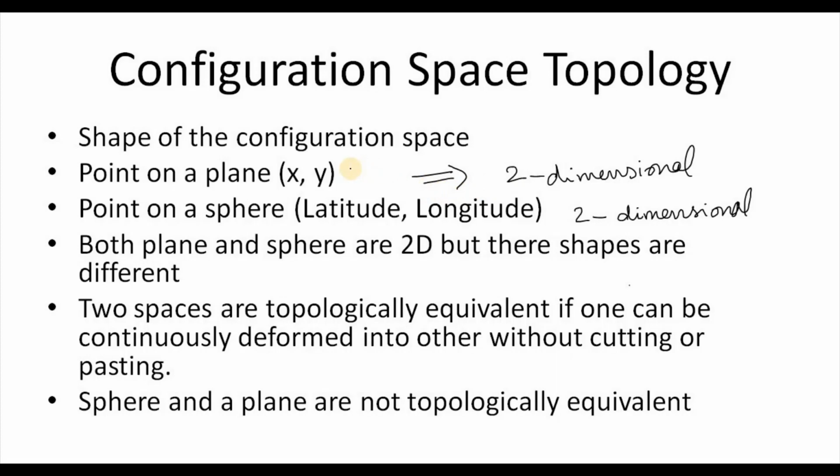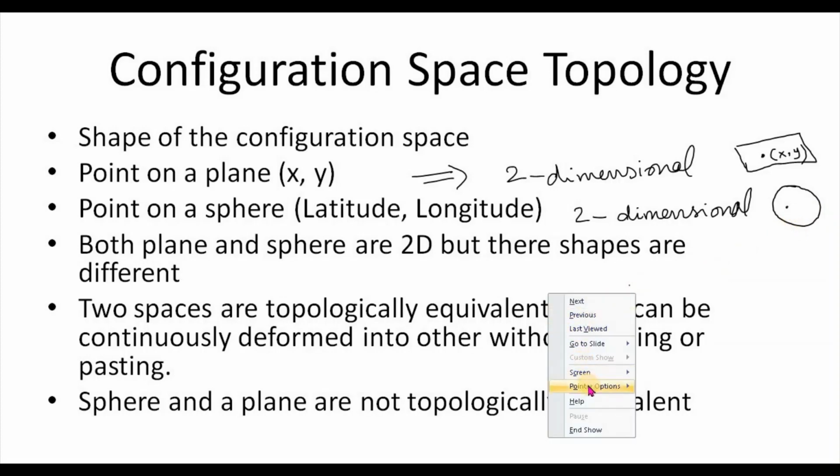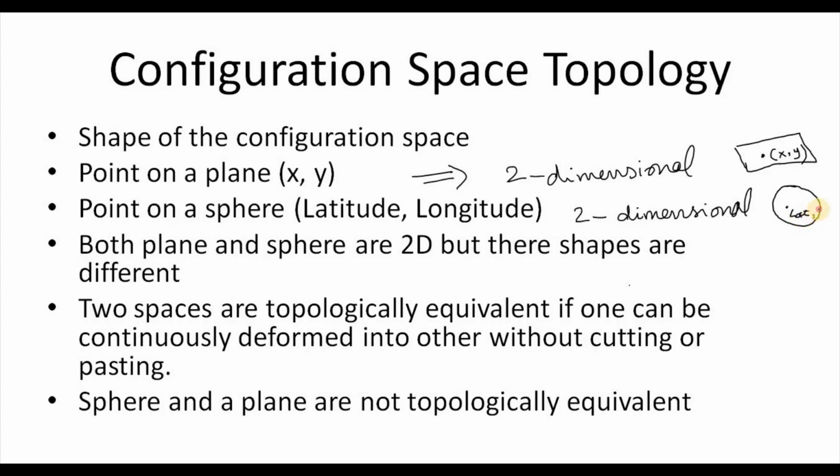So we have seen that a point on a two-dimensional plane looks like this, a 2D plane, a point x, y, and then a point on a sphere that looks like a ball. Here we have latitude and longitude.